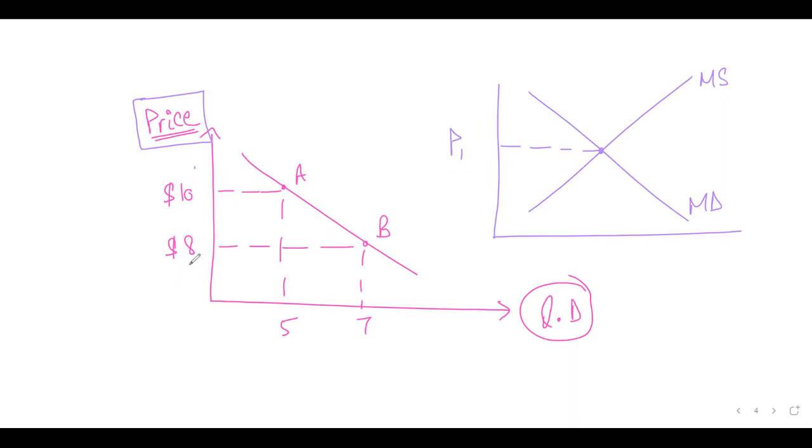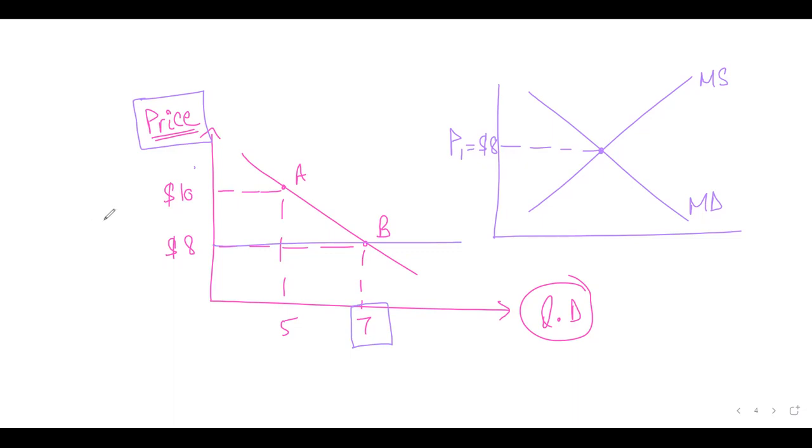Then if the market price turns out to be $8, a person like me with this demand curve will be willing to buy 7 cups of coffee per week or whatever.